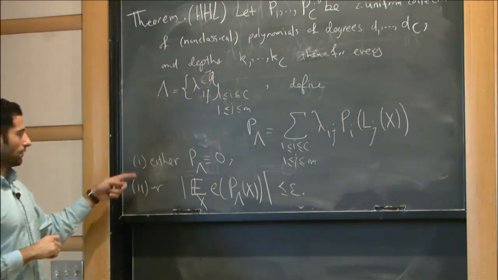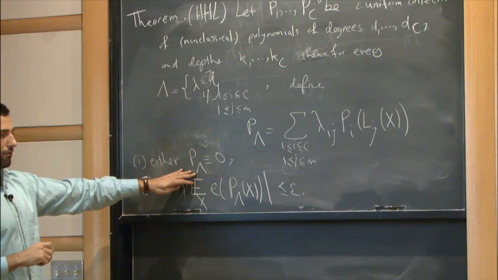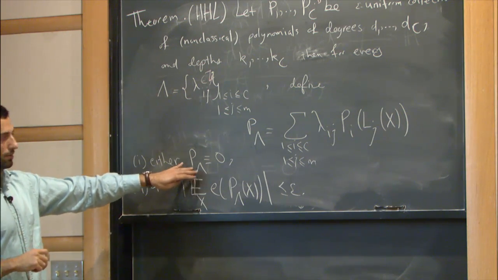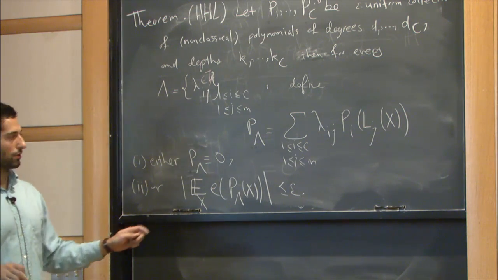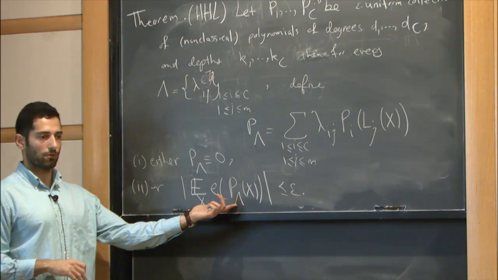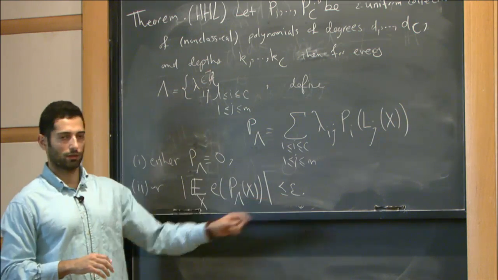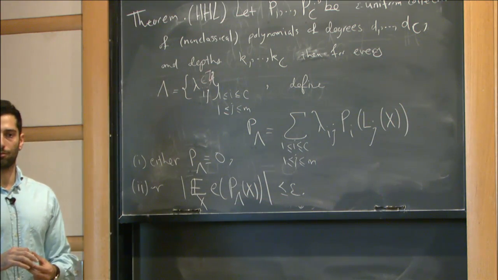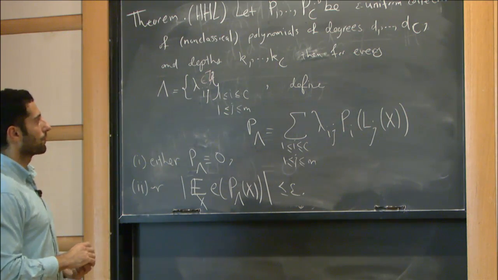Then we show that one of two things holds. You either have complete cancellations, so this linear combination is 0 for any choice of x, or the Gowers norm of your linear combination applied to the linear forms is at most epsilon, the uniformity parameter.